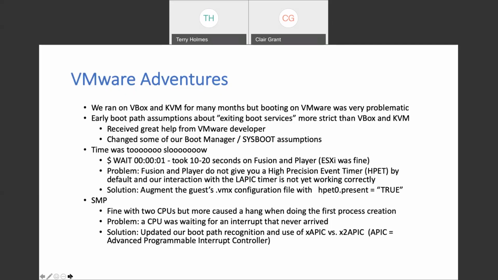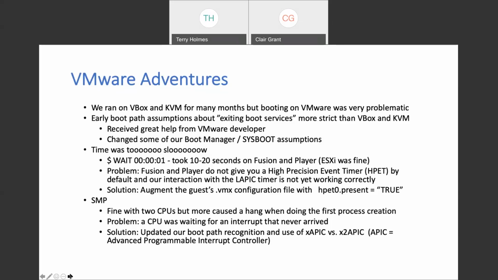And once that became known, we did in fact have to rearrange some things and assumptions we had in our boot manager to sysboot transition. But all that got resolved. And then recently, once we got more serious about testing VMware, it wasn't obvious that VMware was going to be in the G release. We kind of forced that at the end, and it turned out to be good.